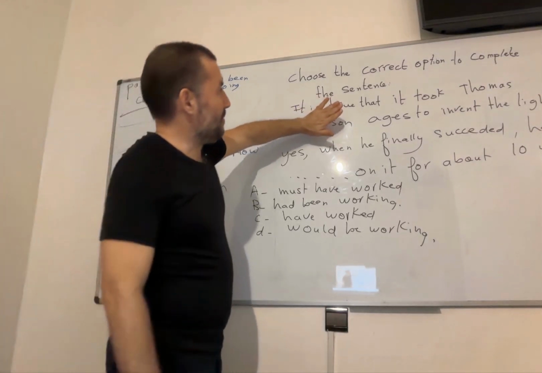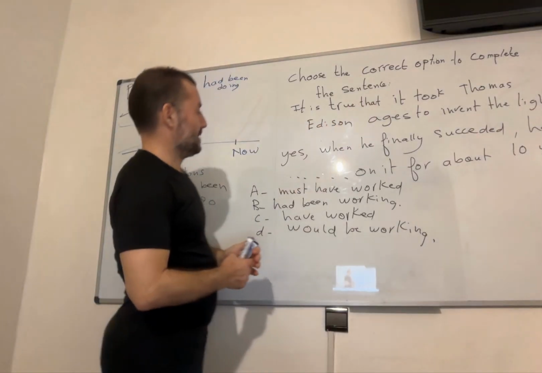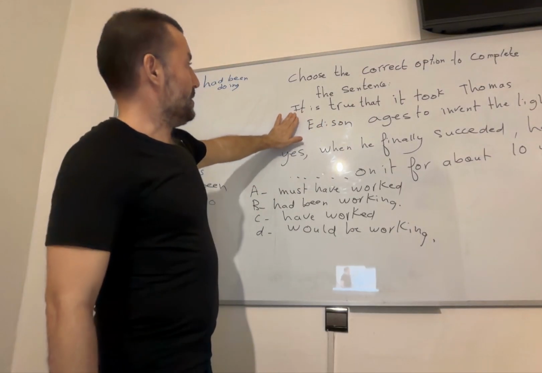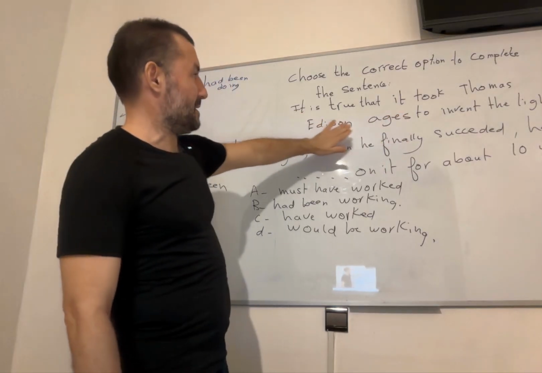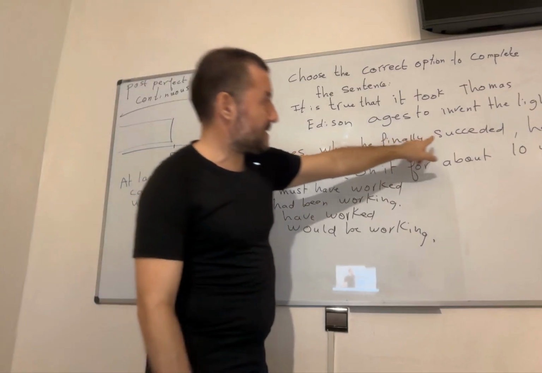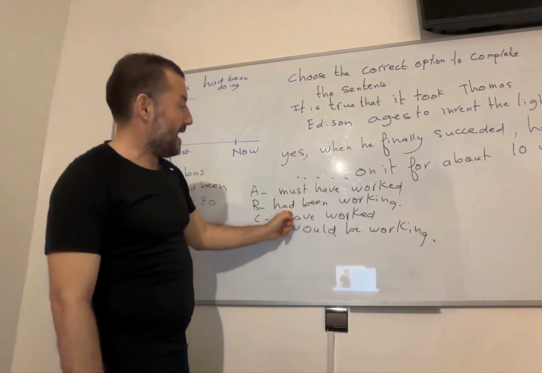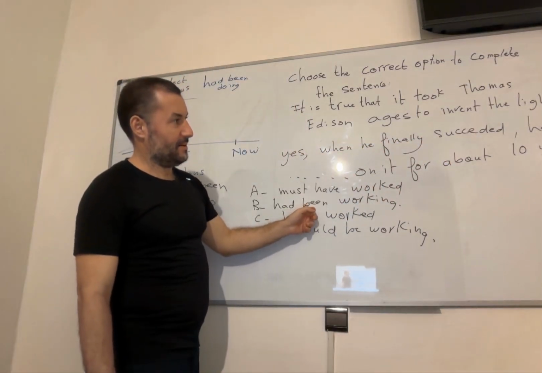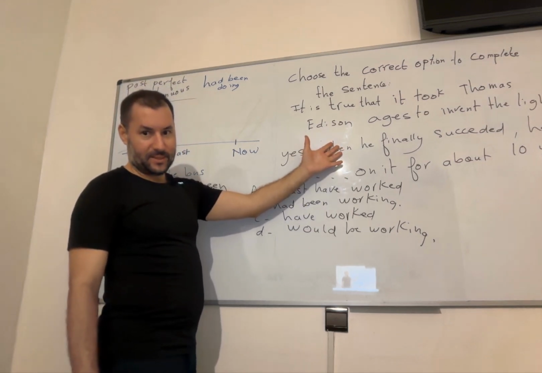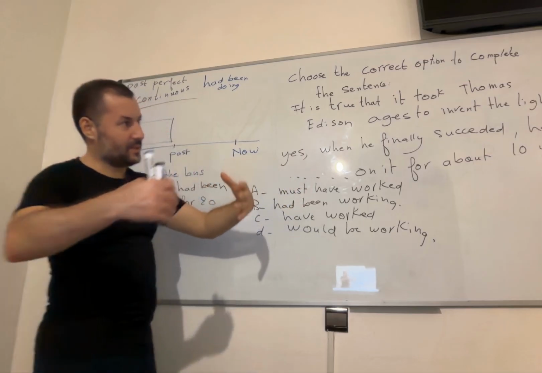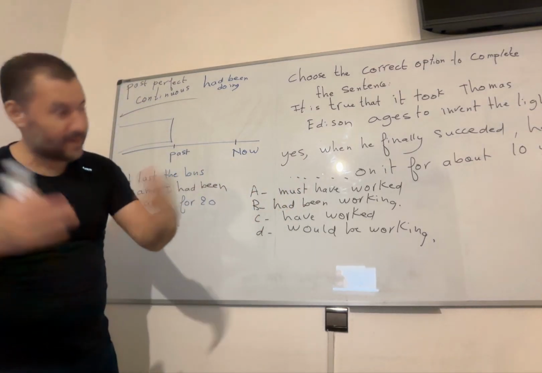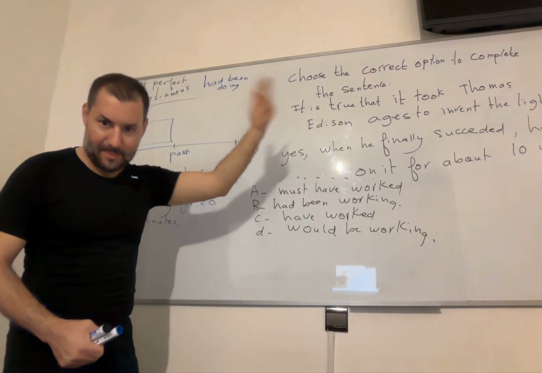So, what about the question? The right answer is: it's true that it took Thomas Edison ages to invent the light bulb. When he finally succeeded, he had been working. This action happens before that one, and it was happening for a period of time before another action happened.